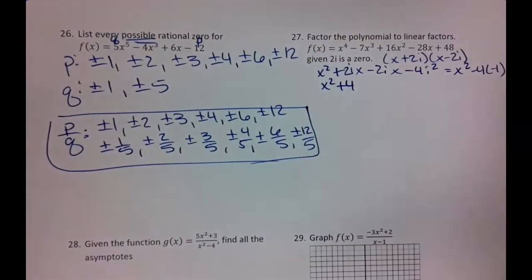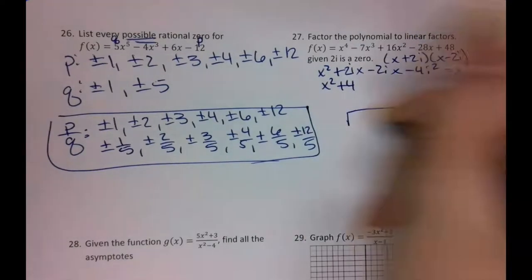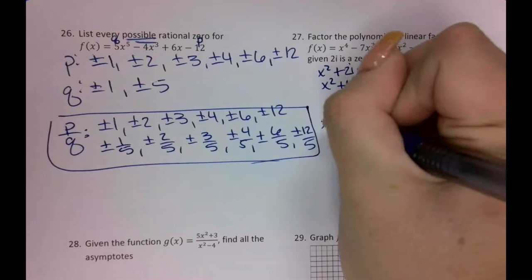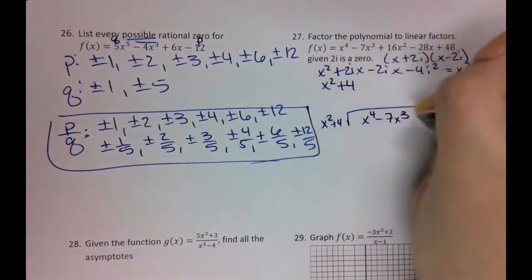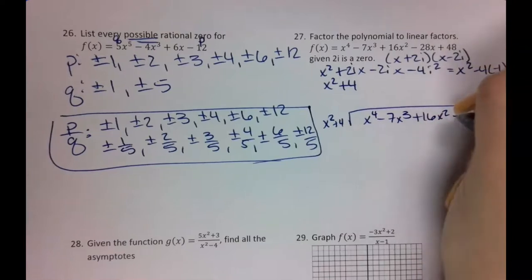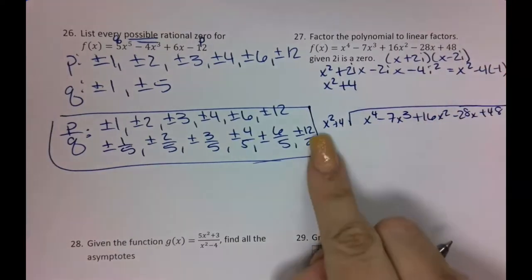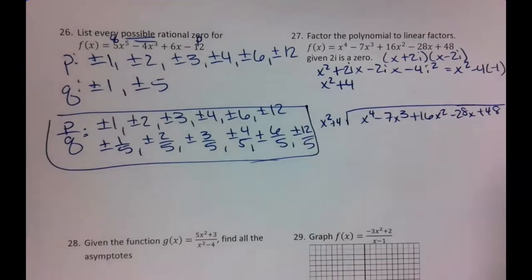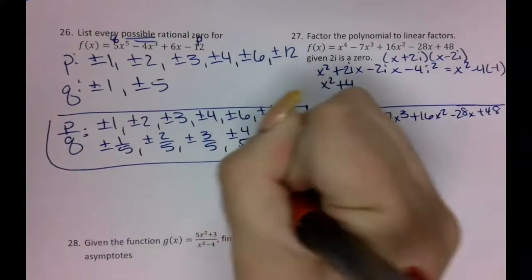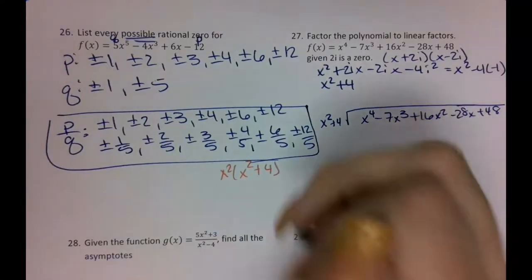Then I want to take this value and do long division with this polynomial. So again, I'm looking for what I need to multiply x squared by to turn it into x to the 4th. I'm going to do my scratch work down here, which is x squared.